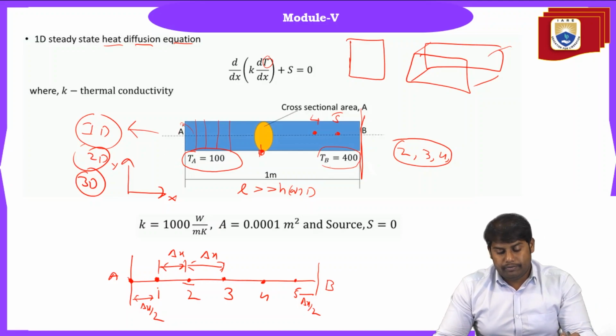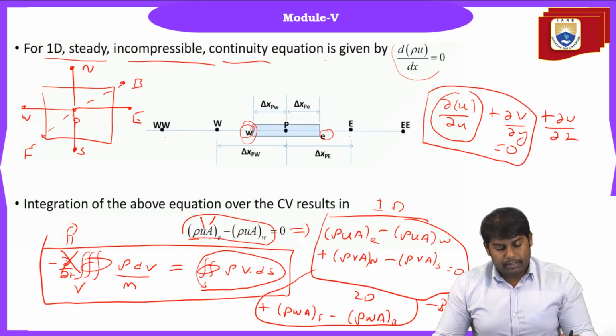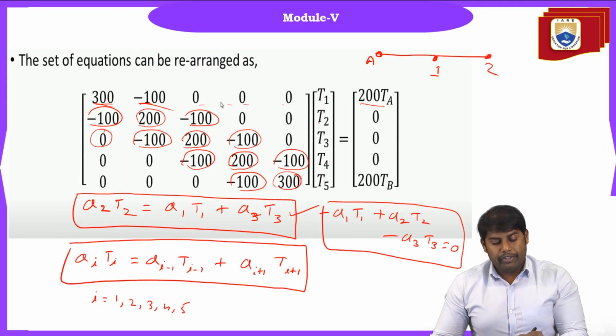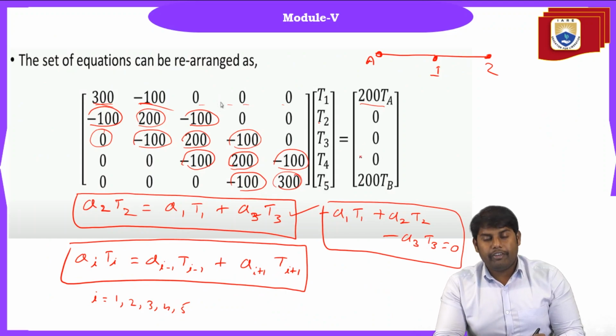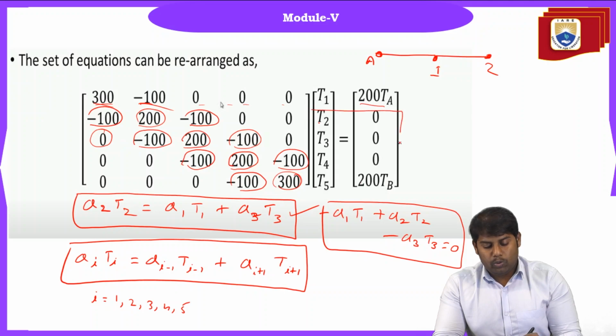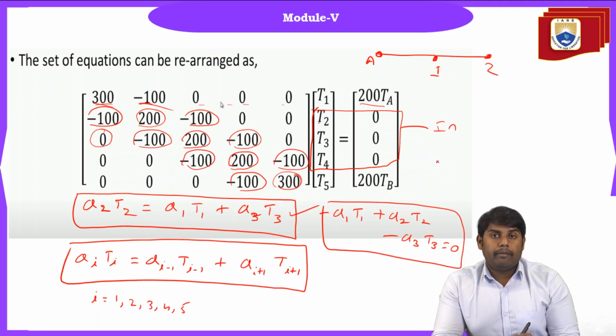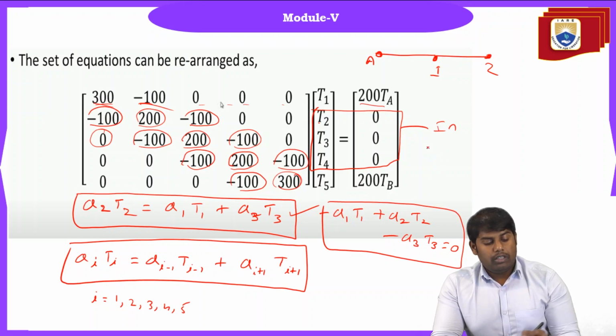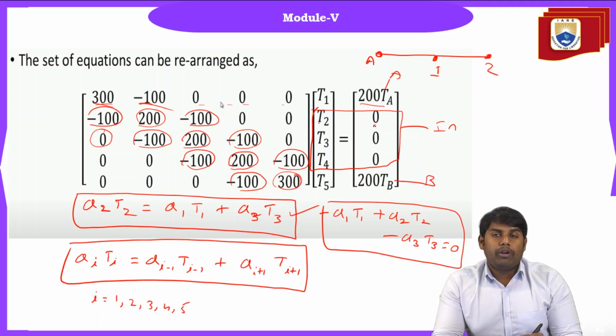So here you can see clearly in the equation, for the interior points, let's say T2 to T4, these are interior points. For the interior points, there are no source terms. When you see the boundary points, this point is for A and this point is for B, we have the source terms.